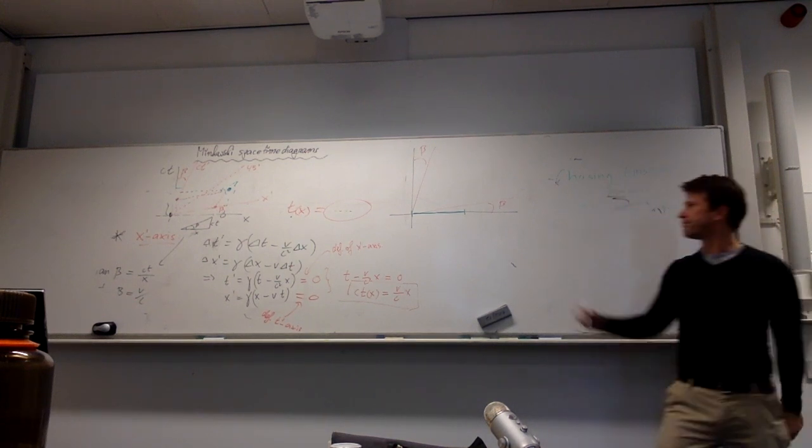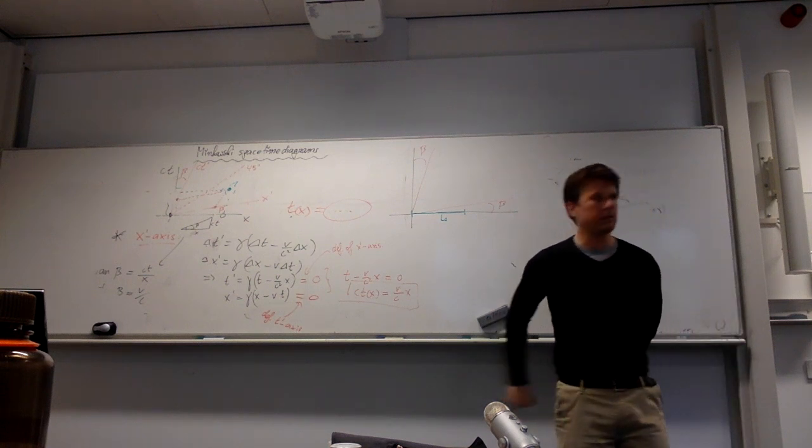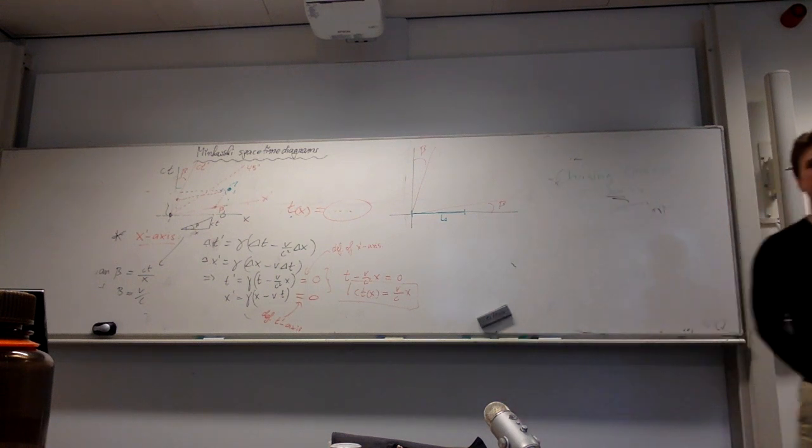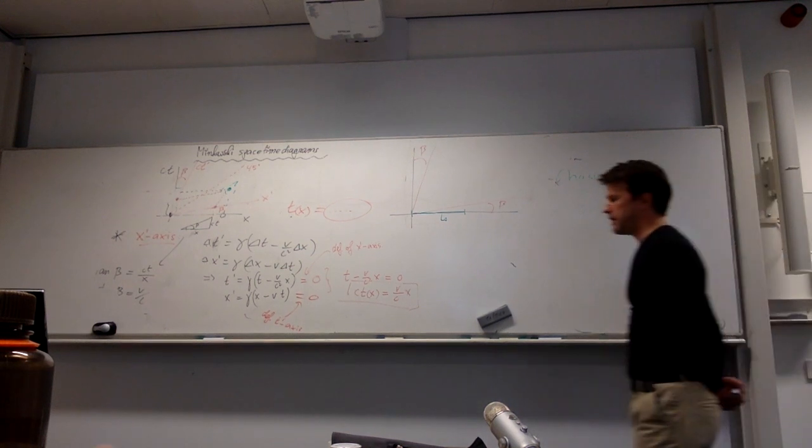It has a certain length, L0, as measured in the black frame. Now, I want to know what the length is of this stick as seen in the red frame. How do I find the length of this stick as measured in the red frame?